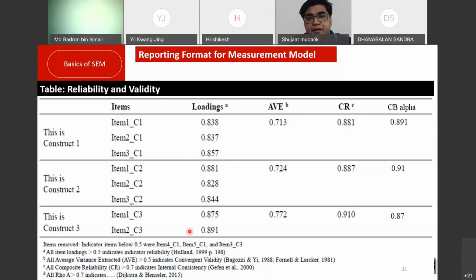This could be the way we present our results. Let me tell you that Smart PLS will not give you results in this format. Smart PLS gives results in Excel sheets, but we have to fetch those results from the different Excel sheets and summarize them in this particular format. So these are the results of the reliability test and convergent validity.